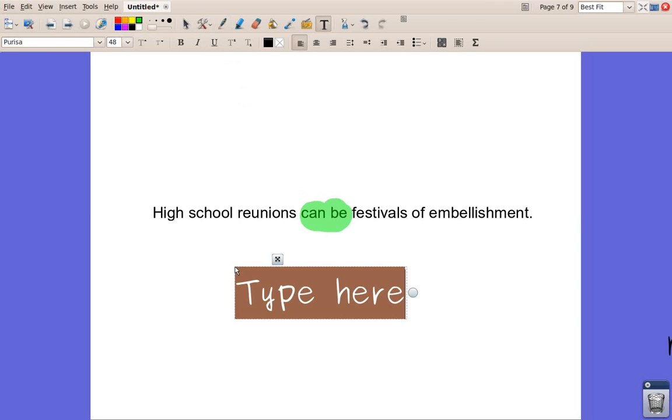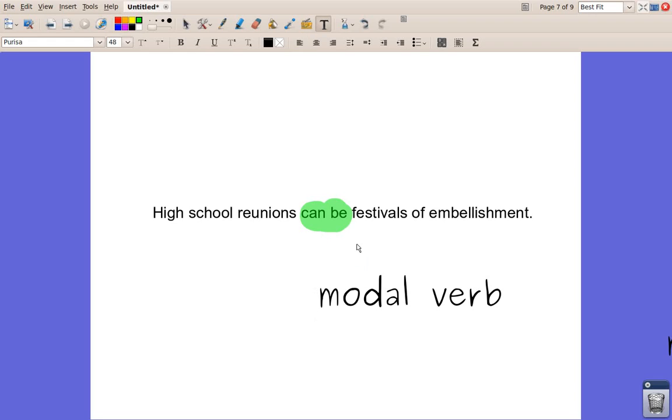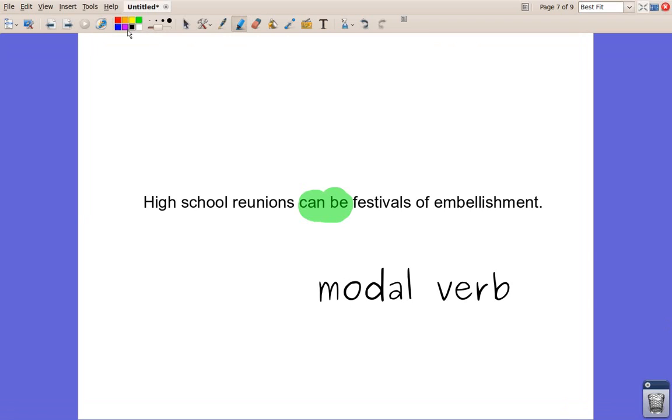This is an example of a modal verb. Can is a modal verb, and you could also say must or should or will. And all those verbs kind of change the tense of the main verb, which here is be.